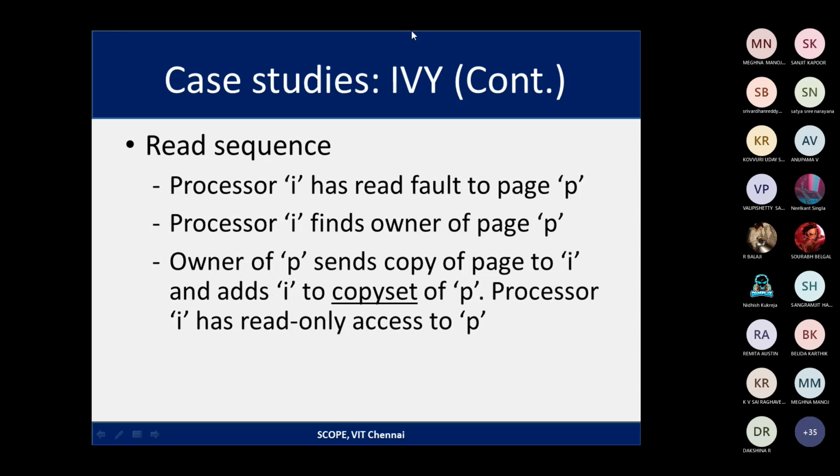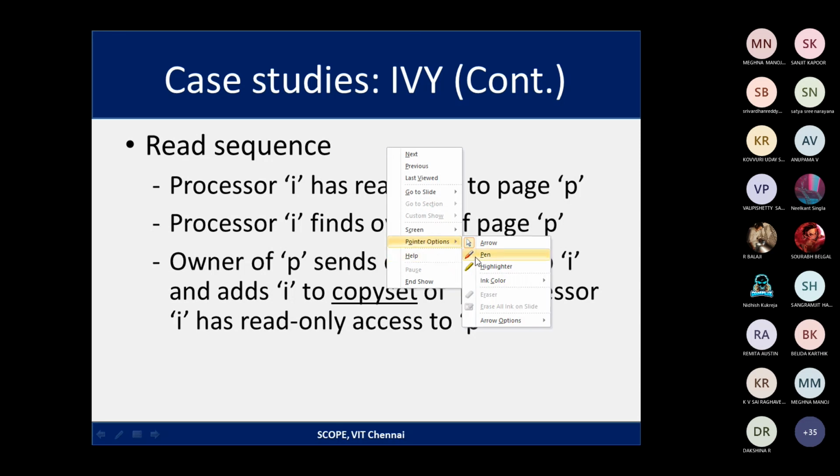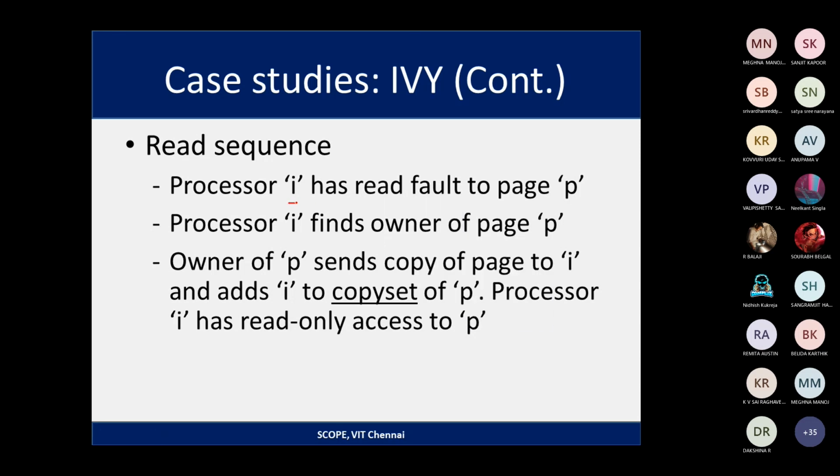Then the read sequence works like this: processor I has a read fault on page P, then processor I finds the owner of page P, and the owner of P sends a copy of the page to I and adds I to the copy set of P, because now I also has a copy of that data.